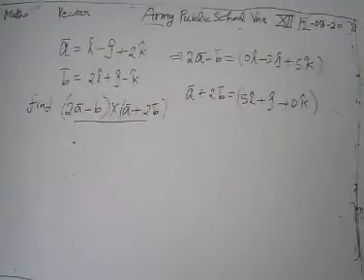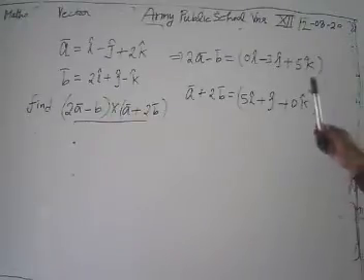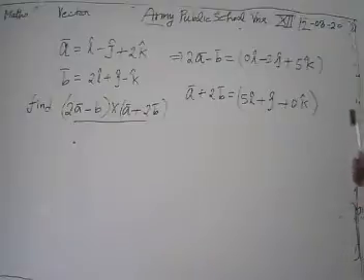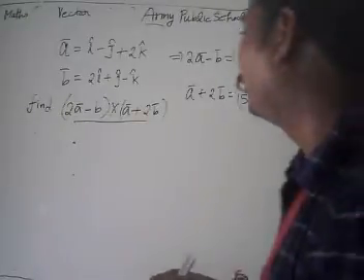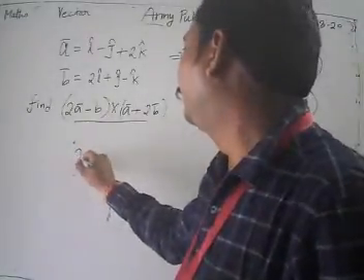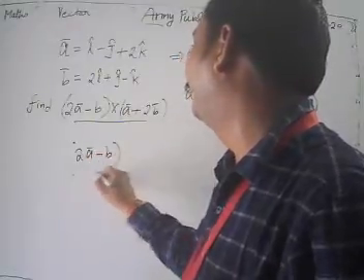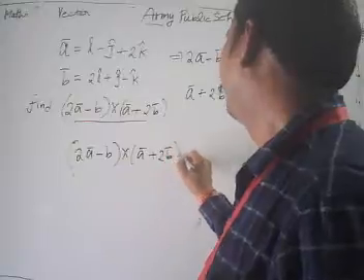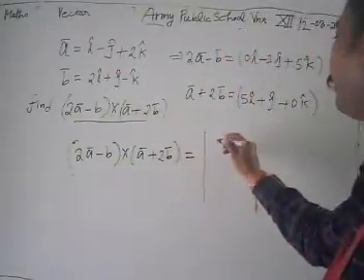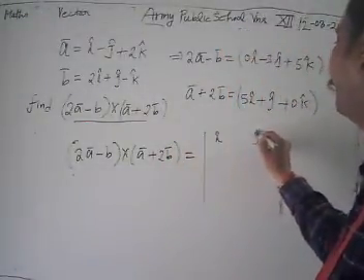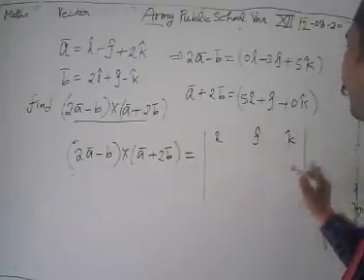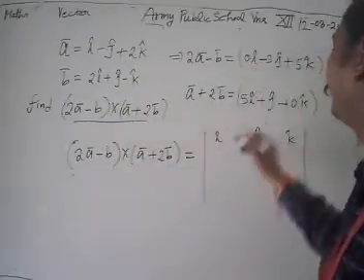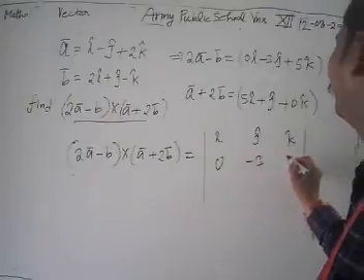But what we have to find is 2A minus B cross A plus 2B. So we write the determinant with i cap, j cap, k cap, and the row 0, minus 3, 5.